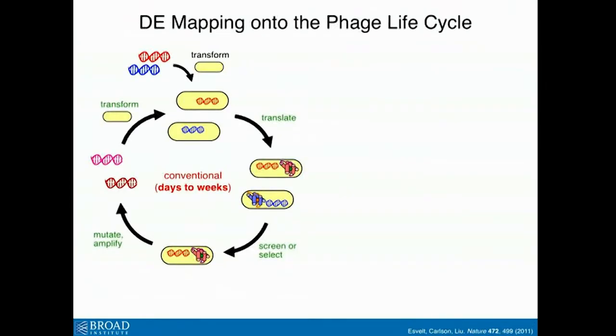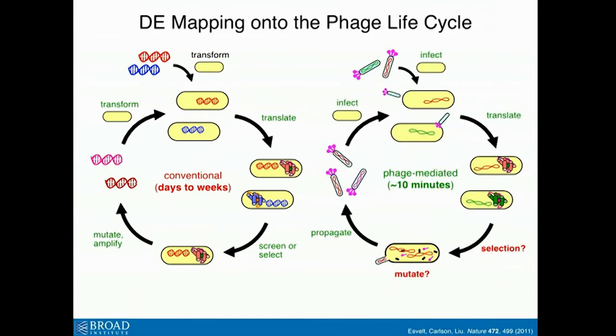So in the Lou Lab, what we recognized is that all of these steps of the conventional directed evolution cycle actually already happen in biology. And for specific instances of this, it happens very, very quickly.